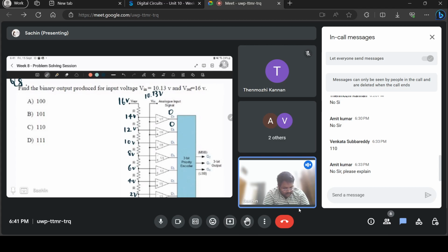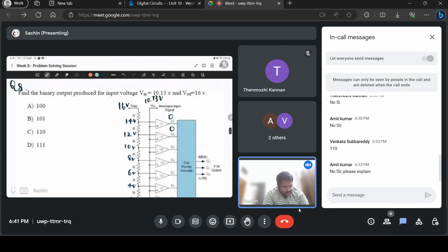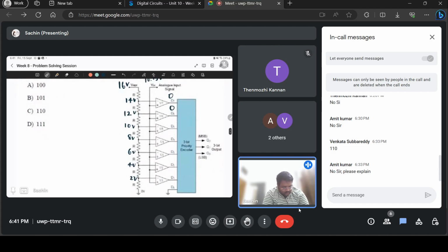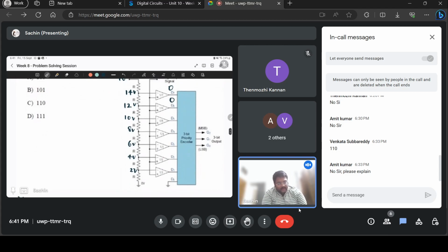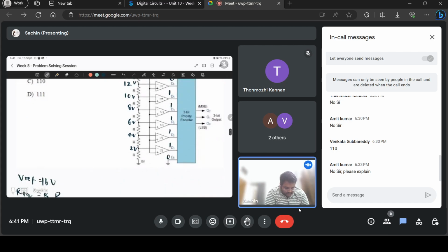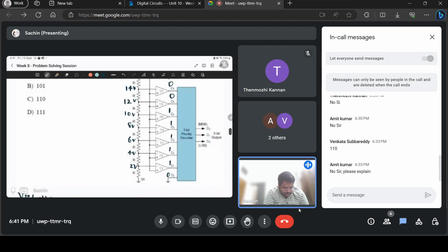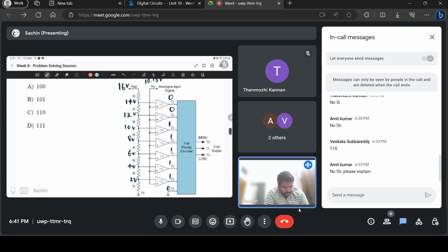But now when you come here, 10 is actually smaller than 10.13, and all these other voltages, 8, 6, 4, 2, they're all smaller than 10.13. So all these comparators will give you a logic high output. So all these will be 1, 1, 1, 1, 1, and this is obviously connected to 0. Okay. Now, what does the priority encoder do in such a scenario?